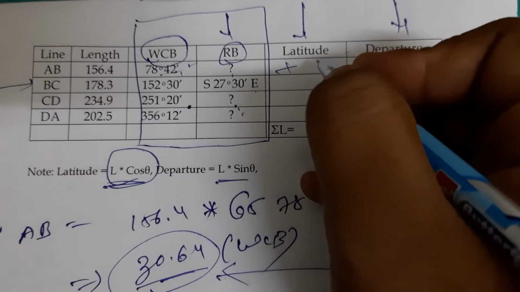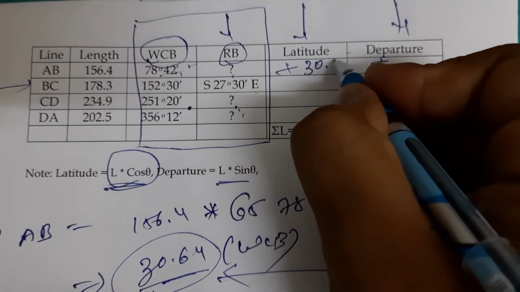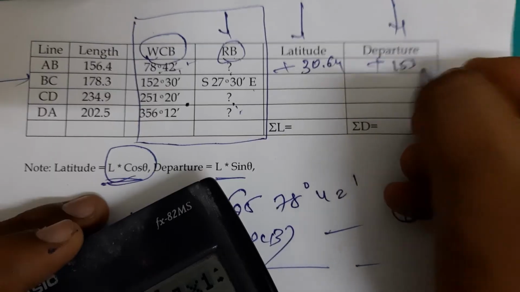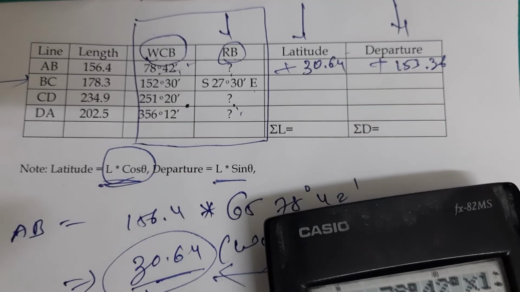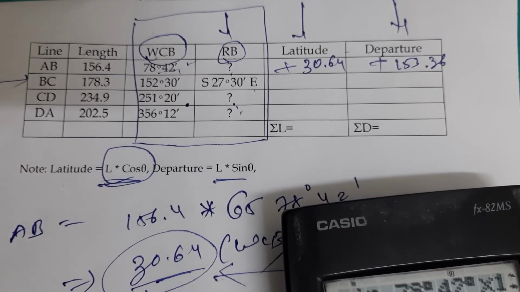So the first reading is 30.64 and the second reading is 153.36. That is the latitude and departure for the line AB.